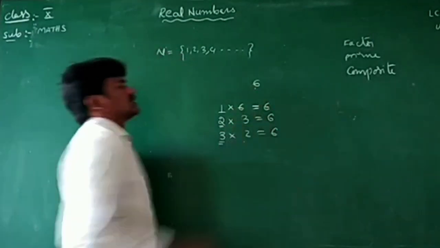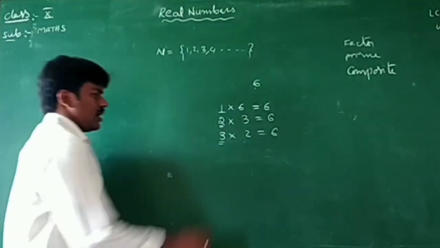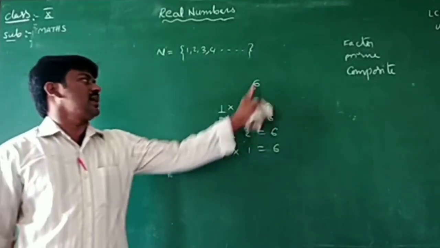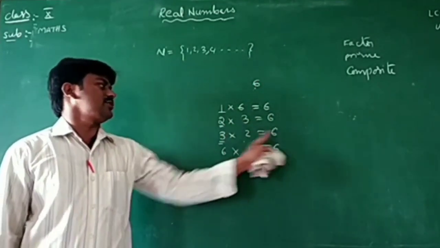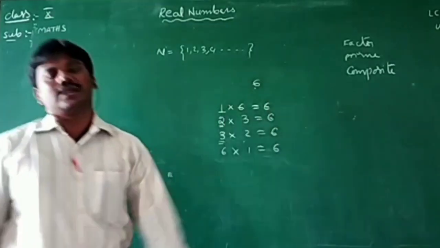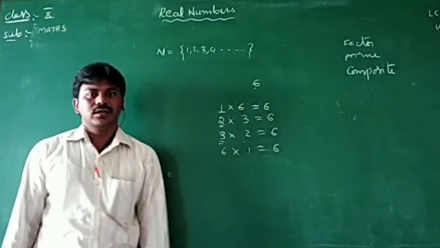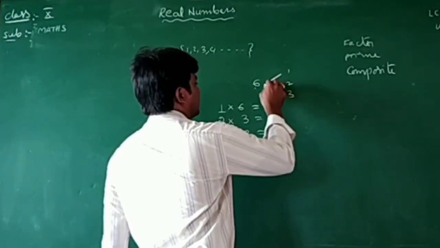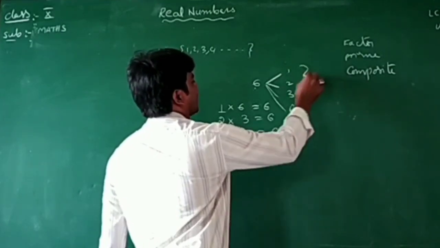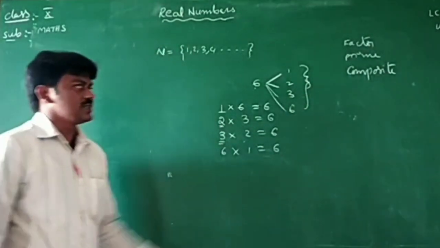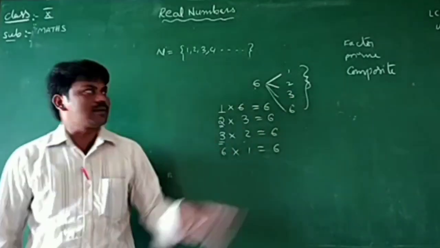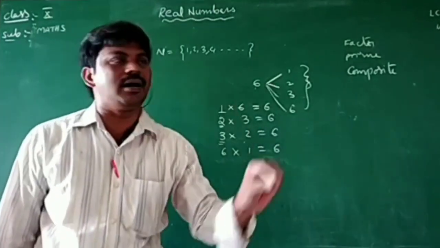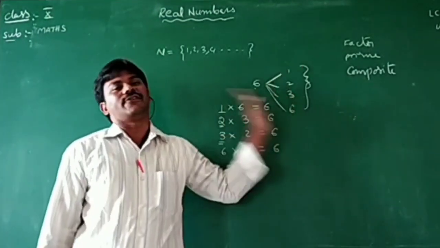And 6 divides 6, 6 1s are 6. Is there any other number that divides 6? There is no other number. So 1, 2, 3, 6 are called the factors of 6. That means the numbers which divide the given number with 0 remainder are called factors.